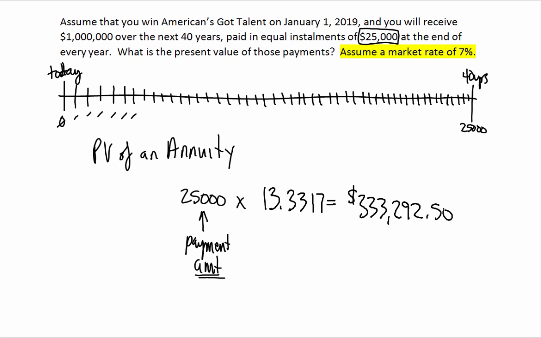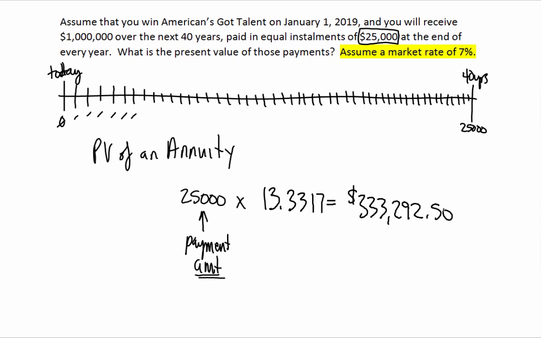So if Grace Vanderwall wanted to get all her money right now, she would only get $333,292.50. That's because the $25,000 over 40 years doesn't have the same amount of purchasing power, because you're getting money in the future. And when you accept money in the future, the purchasing power is decreased because of inflation.